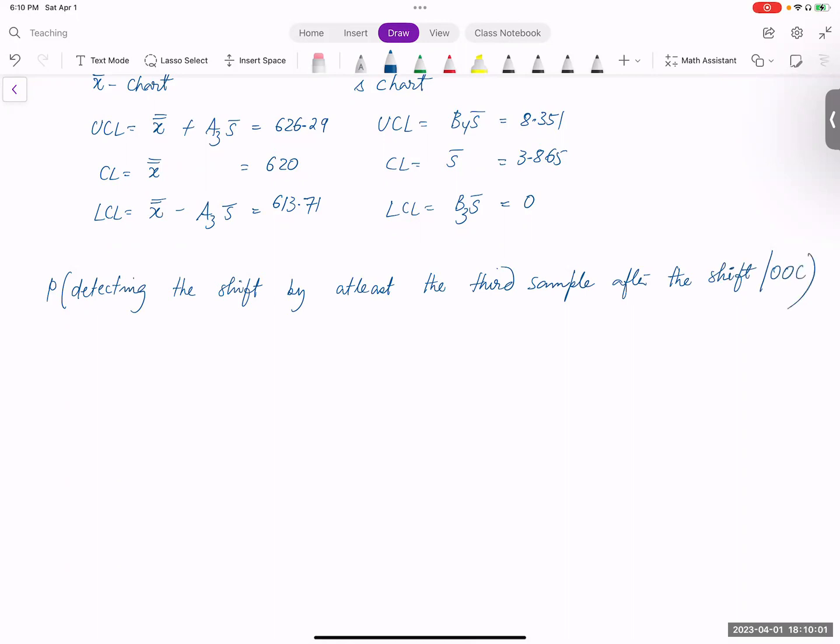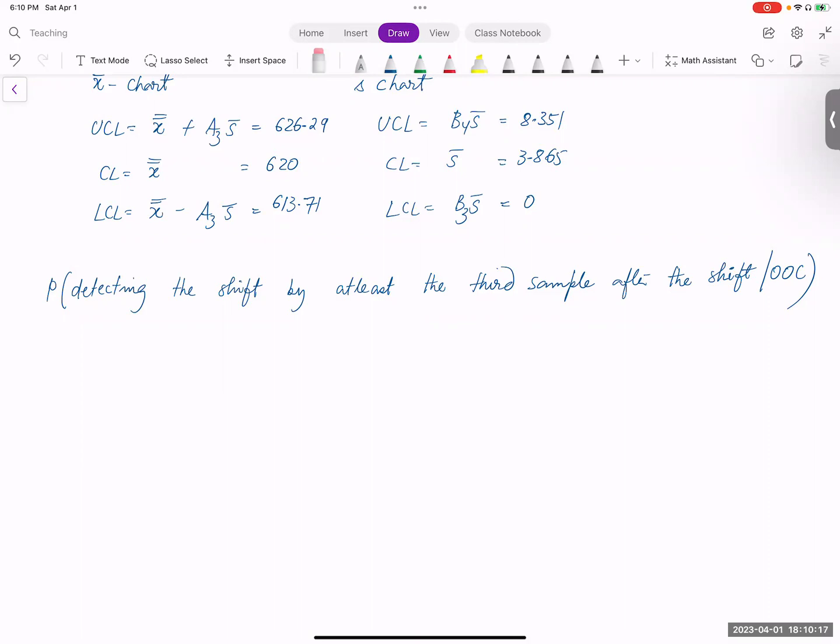Now I can say that if the shift has to be detected by at least the third sample, that means the shift could be detected by the first sample, or by the second sample, or by the third sample, right?